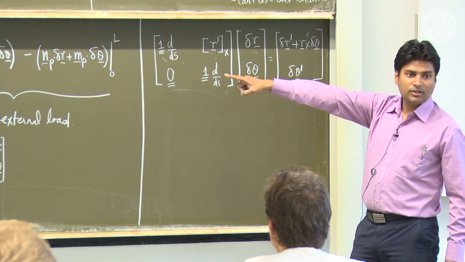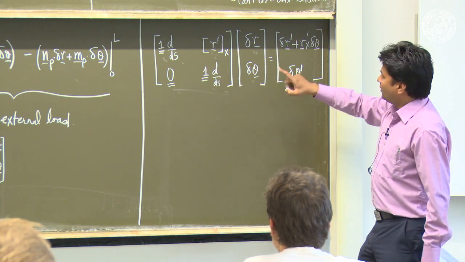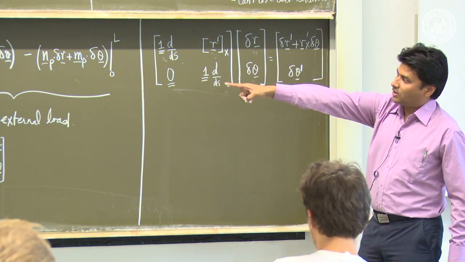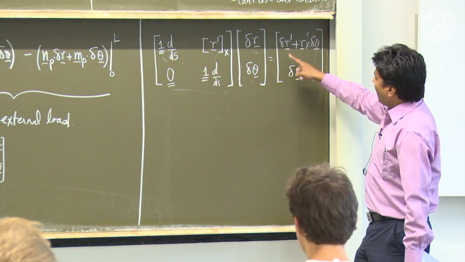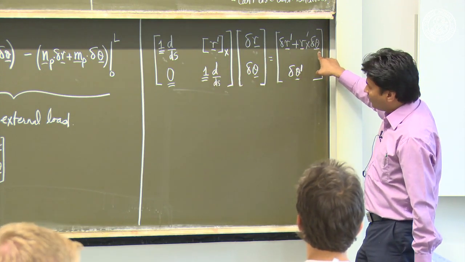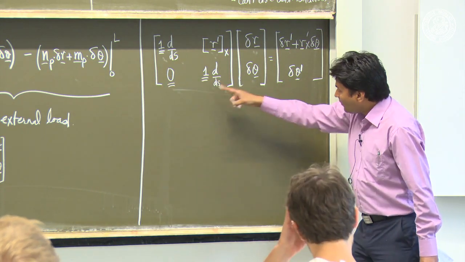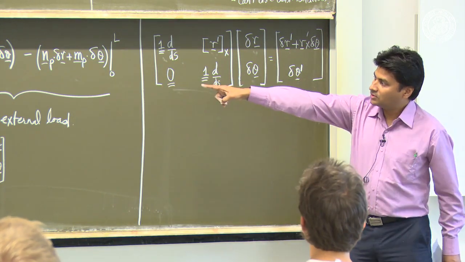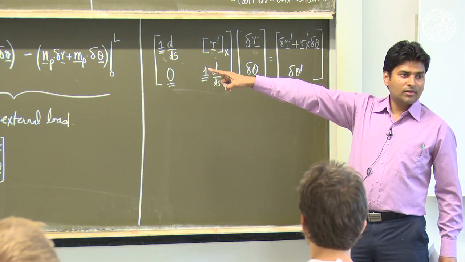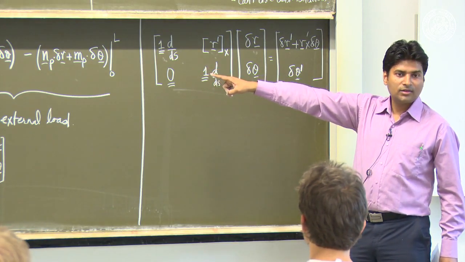Can you see that we have the same thing over there? So, n dot del r prime, that is the first term over there, n dot little r prime cross del theta, that is the third term over there, and m dot del theta prime is the second term over there, right.